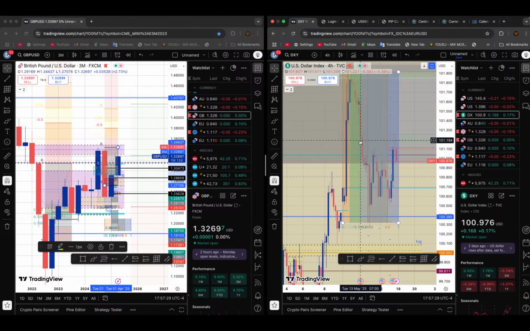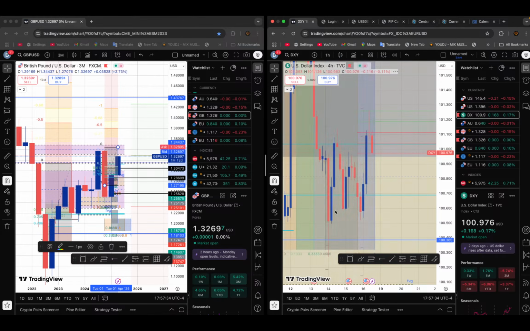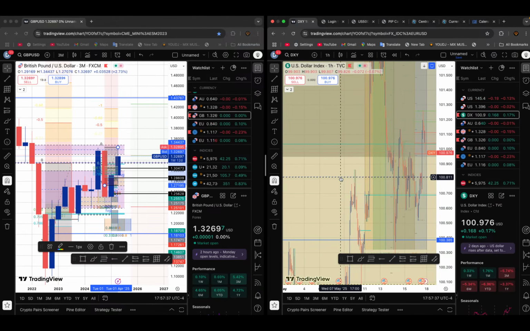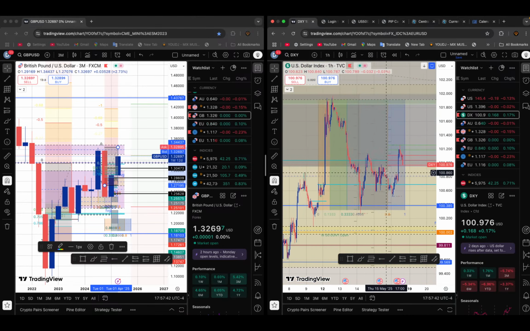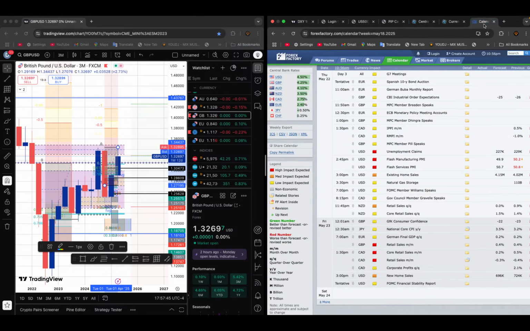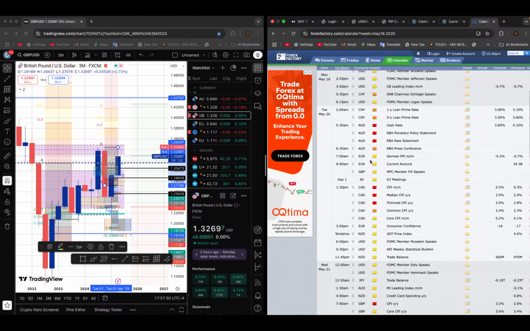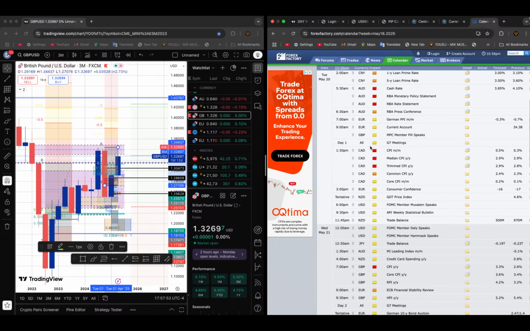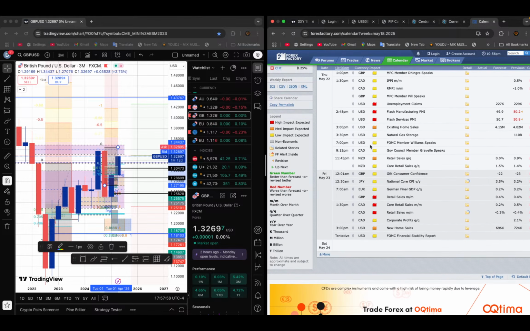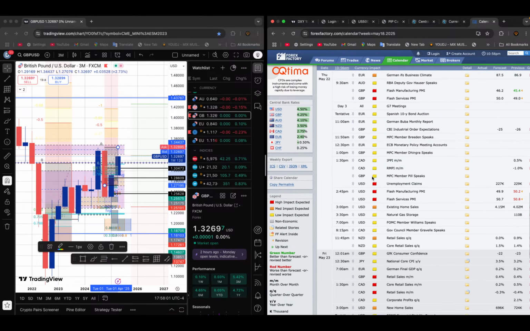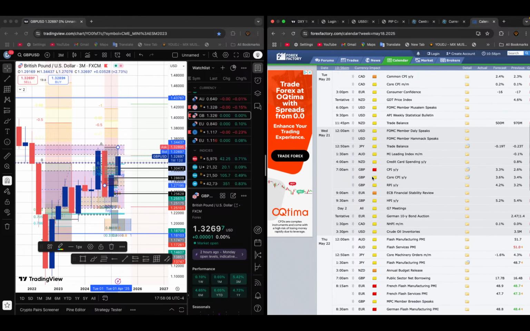Let's look at here. So if we see euro and pound news, we've got it Tuesday. No, we don't have it Tuesday. Wednesday, Thursday, and Friday, GBP news. Thursday, we've got euro.